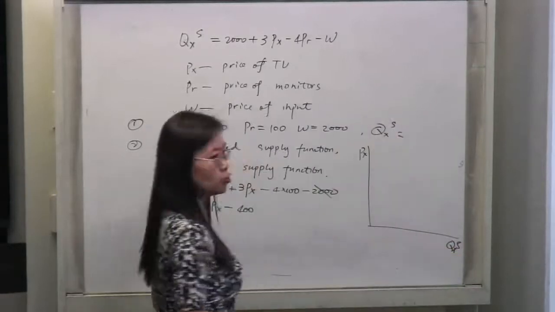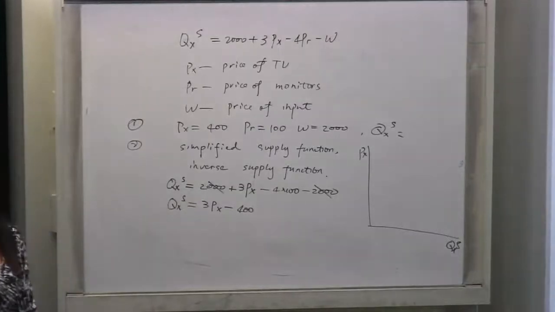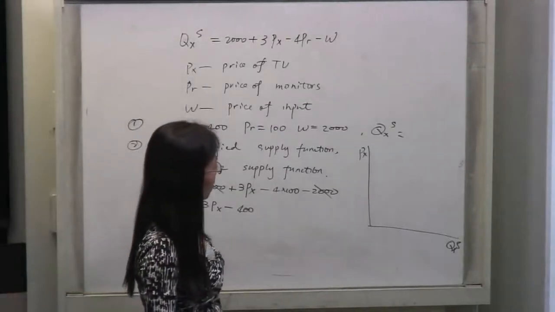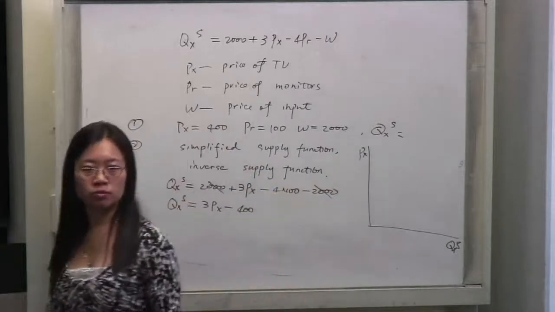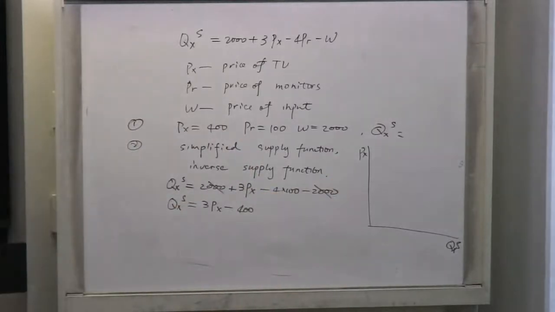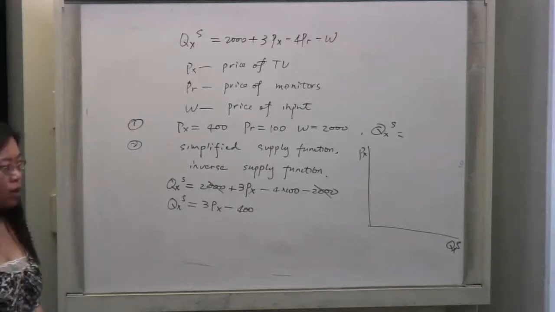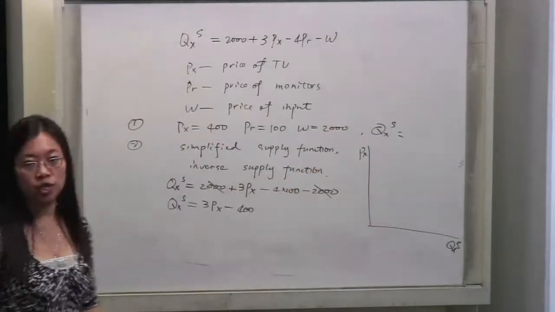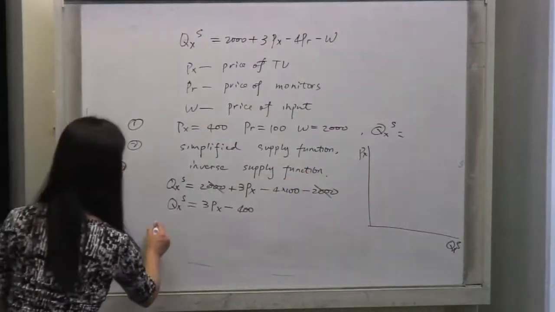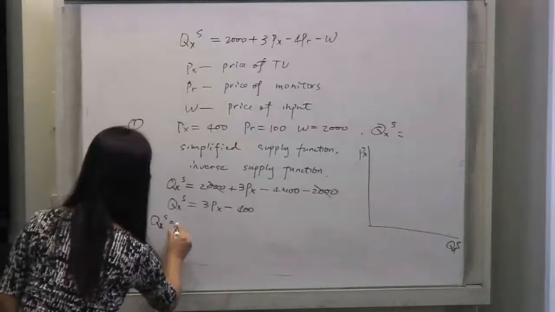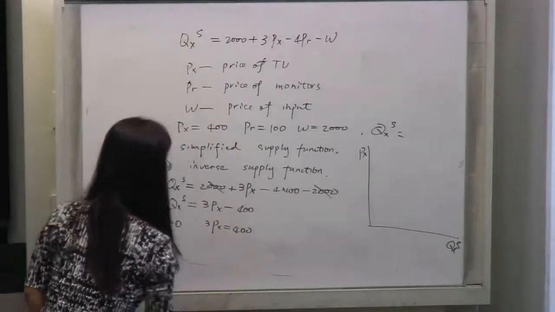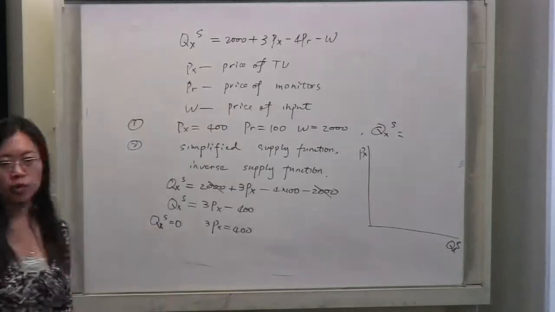Okay, so now we use the 2-point method, okay? So first I want you to find the point along the vertical axis. So which 0 do I need to plug in right now? You want QX equal to 0. Yes. Okay? When QX is equal to 0, this whole thing equals 0, right? So 3PX will be equal to 400.